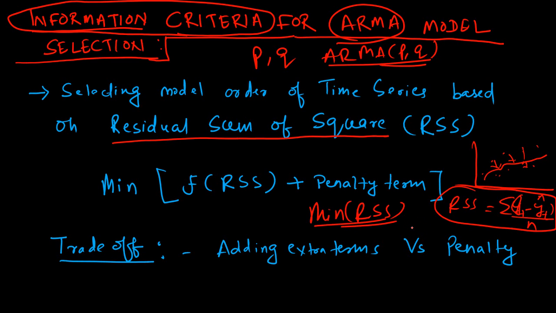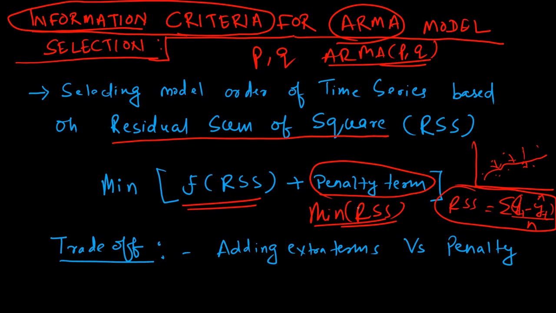And that's what even the ordinary least squares does, right? It minimizes the residual sum of square in that case. So the idea is similar, except that we also add a penalty term to it. So the optimal model is the minimum of some sort of a function of the residual sum of square plus a penalty term.